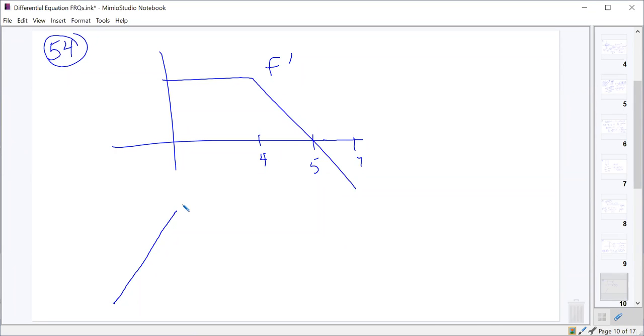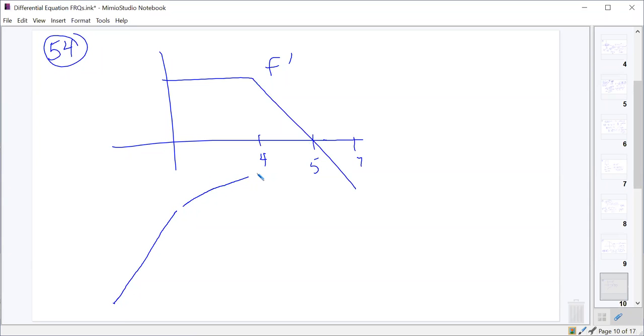And then from 4 to 5, my function is still increasing, it still has a positive slope, but less rapidly. And so the value at 0 is actually going to be far less than the value at 5. So choice D doesn't make sense.